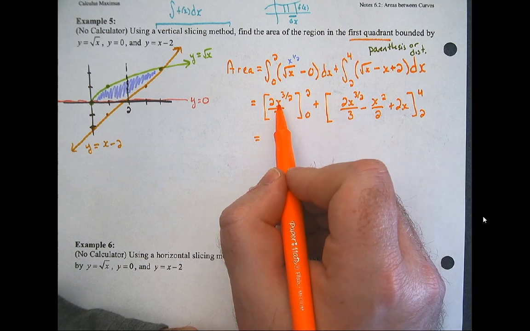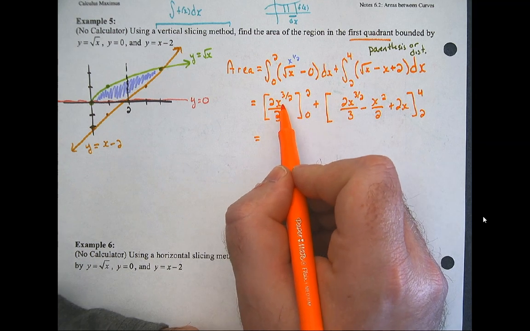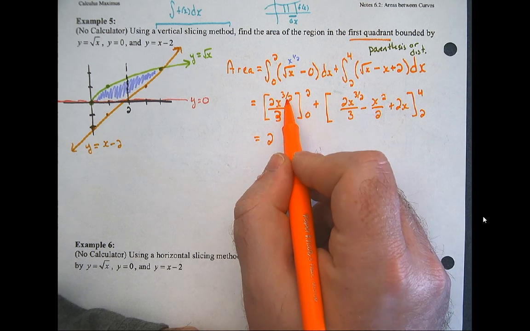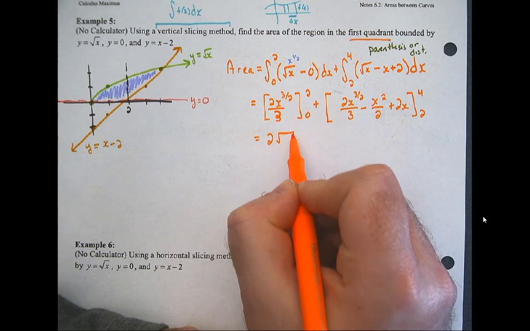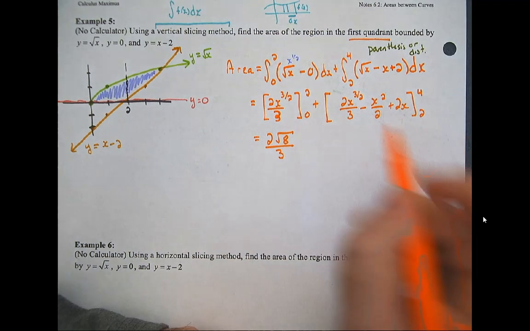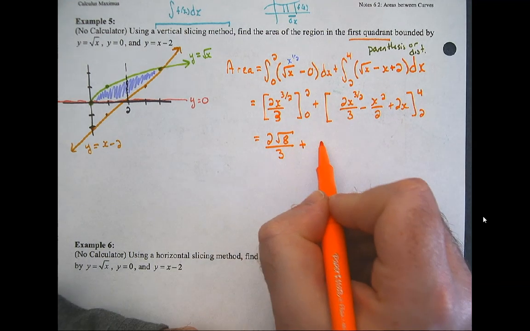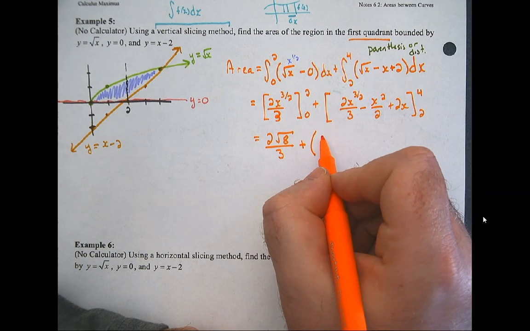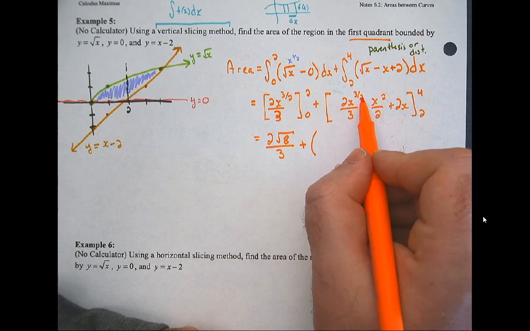So we can put 2 in there. So this would be what? 2 times the square root of 8 over 3 minus 0, so I don't care about that, plus, okay, we're putting 4 in here. Let's see if we can do this part in our head. I'm going to square root the 4 first.